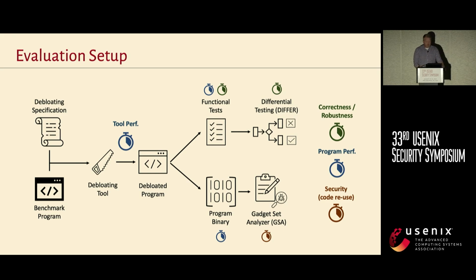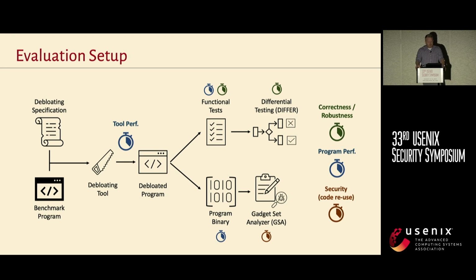All right, so let's talk now about how we set up our evaluation. We made 200 attempts to debloat in our study, which is 20 benchmarks times 10 tools. For each combination, we created a debloating specification that was used commonly. It was the same debloating spec used across all of our attempts. We took that debloating specification, combined it with a benchmark program and the appropriate representation that the tool required.